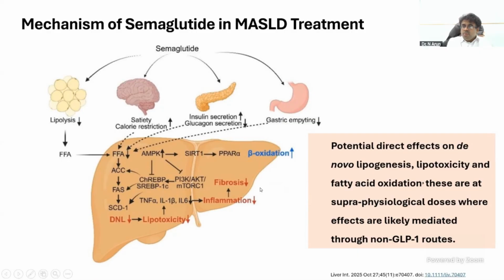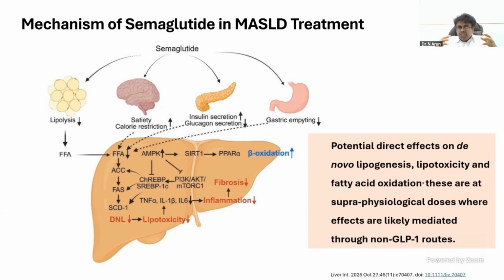The patient who may have worsening of fibrotic changes will have significant improvement, and the inflammatory cascade will have significant improvement once the patient is on semaglutide. So it acts neurologically, it acts on your pancreas for insulin secretion, satiety, and prolongation of gastric emptying, and it has an effect on de novo lipogenesis, lipotoxicity, and fatty acid oxidation.